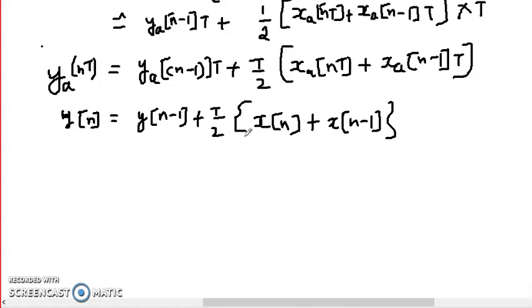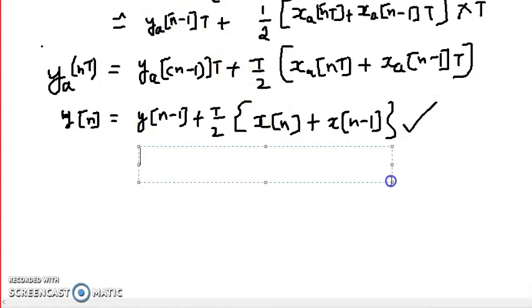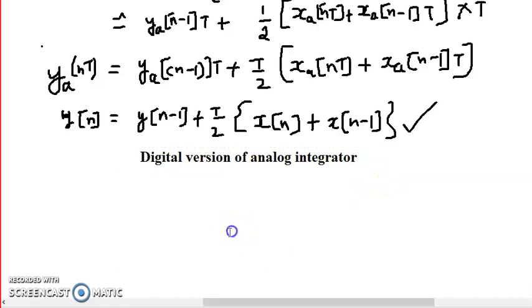Basically, this equation gives you the digital version of the analog integrator. So we can call this a digital integrator.